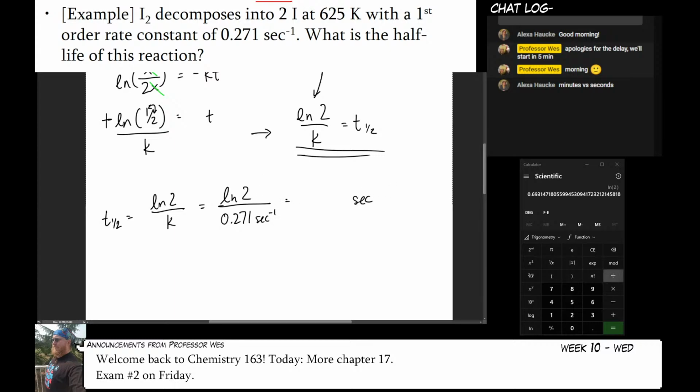And so this couldn't be easier to punch in the calculator. We just hope that we get this type of question, right? So every 2.56 seconds, half of the reaction occurs. So at 625 Kelvin, half of our I2 will decompose into 2 iodine atoms. We will break half the bonds in a sample every 2.5 seconds or so.